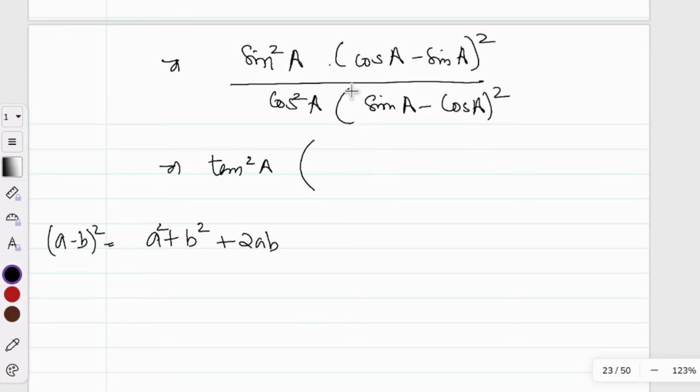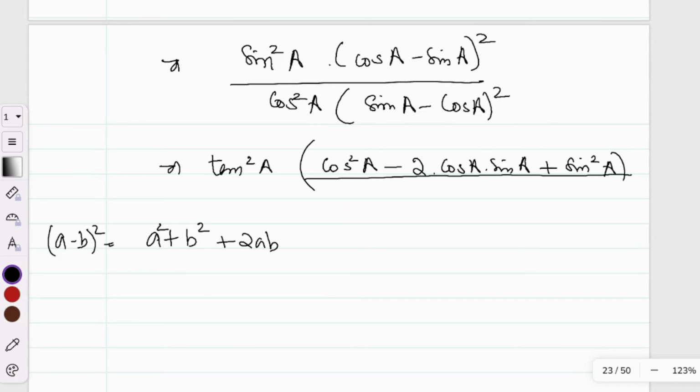Therefore cos A minus sin A the whole square is cos square A minus 2 cos A sin A plus sin square A. In the denominator I can do the same way: sin square A minus 2 sin A cos A plus cos square A.